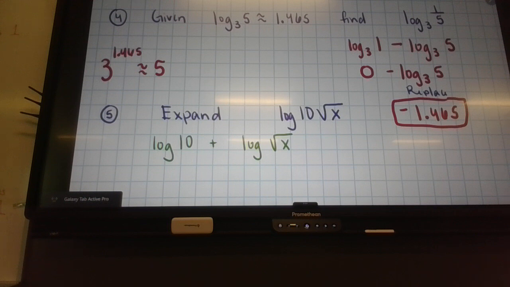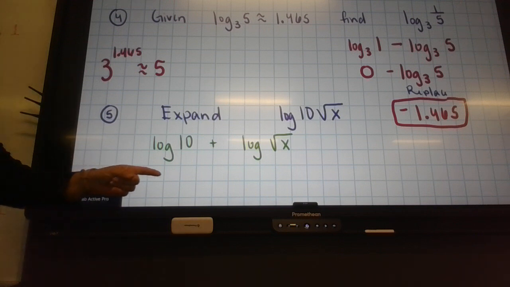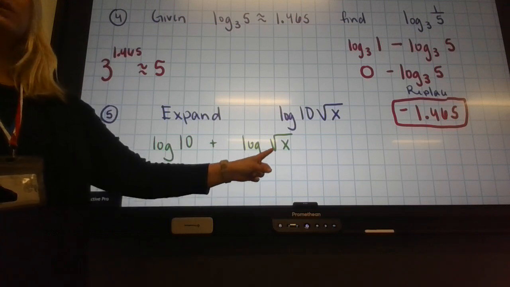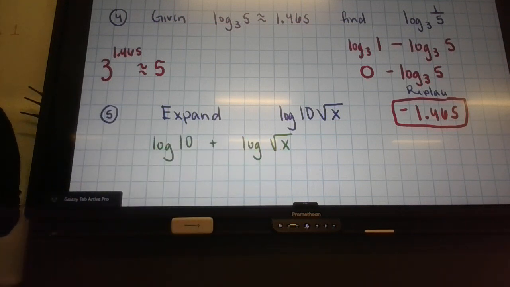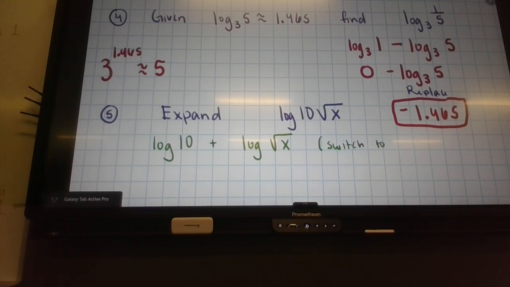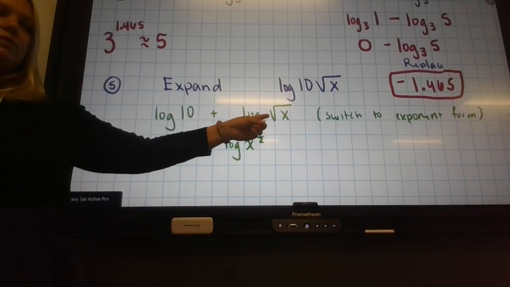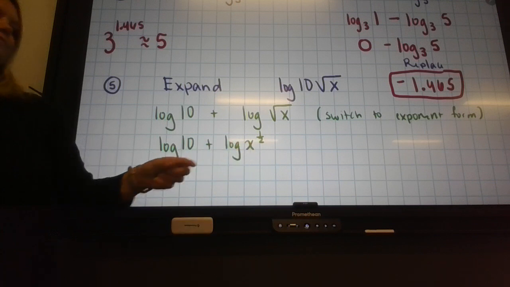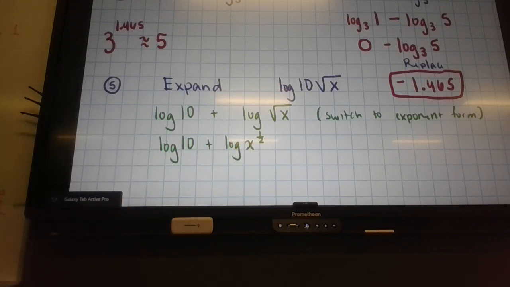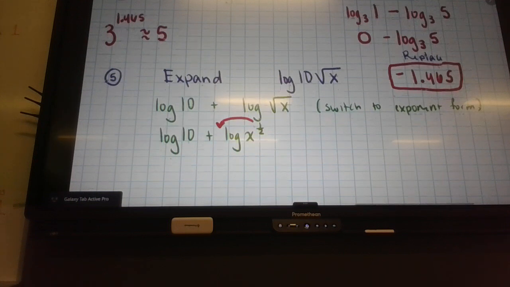Another thing that we got into yesterday during the assignment is that we're not going to leave radicals in our logs. We're going to look at that instead as the rational exponent form. So that would be log 10 plus log x to the 1/2. A square root is exactly like a power of 1/2. Then we're going to use the power property and put that 1/2 as a coefficient.